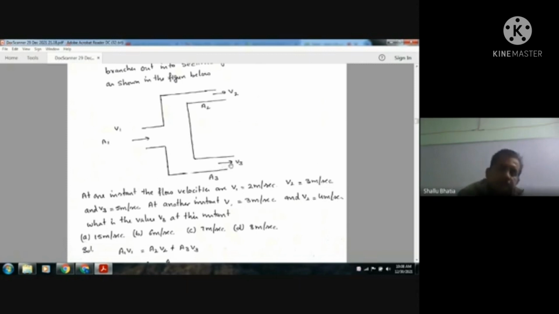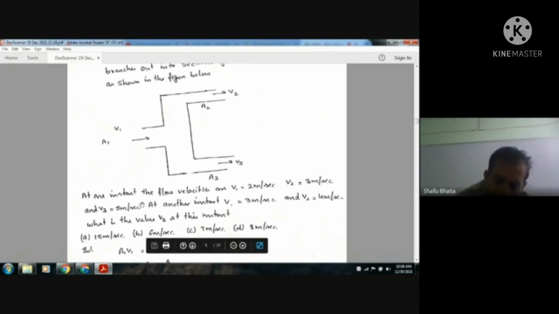At one instant the flow velocities are V1 equal to 2 meter per second, V2 equal to 3 meter per second and V3 equal to 5 meter per second. At another instant V1 is equal to 3 meter per second and V2 is equal to 4 meter per second. Then what will be the value of V3 at that instant? Given that the areas A2 and A3 are equal. Initially V1 is 2, V2 is 3 and V3 is 5.